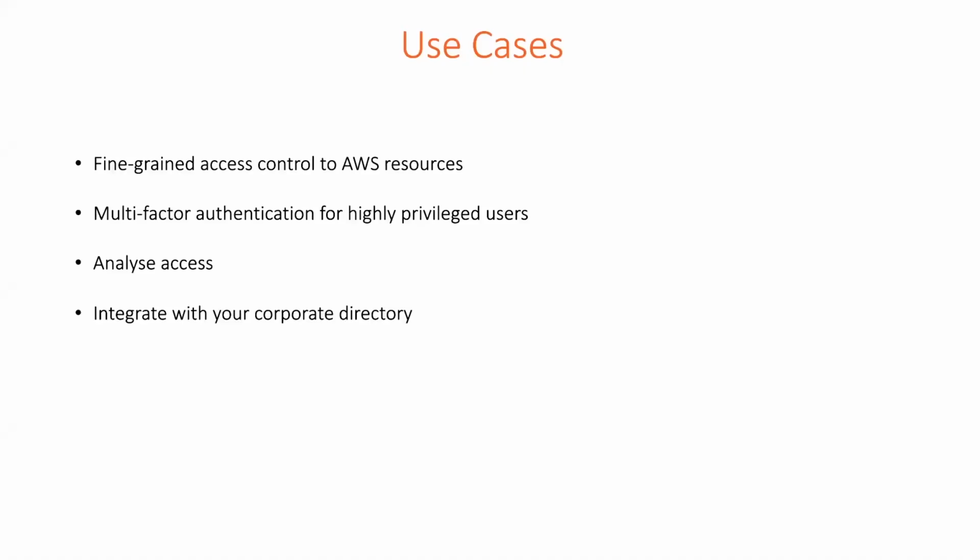Then you can integrate with your corporate directory. Let's say you are using Active Directory, you can seamlessly integrate your Active Directory with the AWS directory service, so that when the identities are synchronized, you have one identity that can be managed in both worlds. This gives the flexibility of having single identities that can be effectively managed. Those Active Directory identities will also be used for your application authentication and authorization.